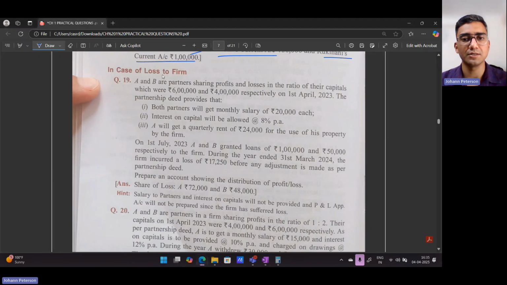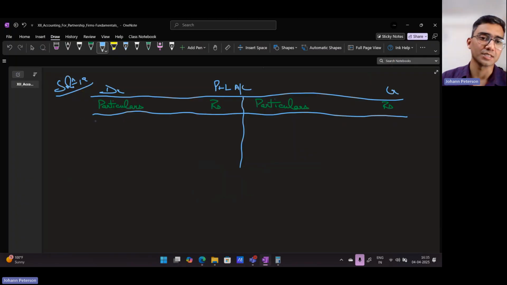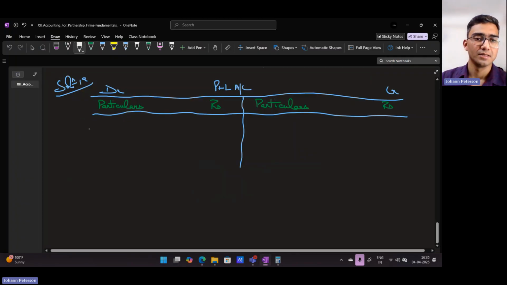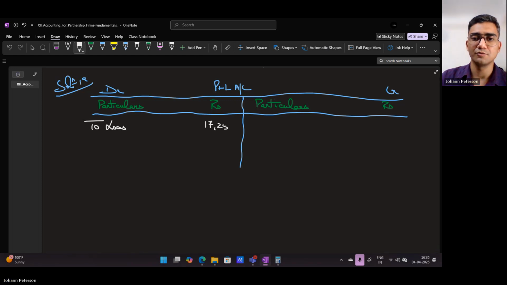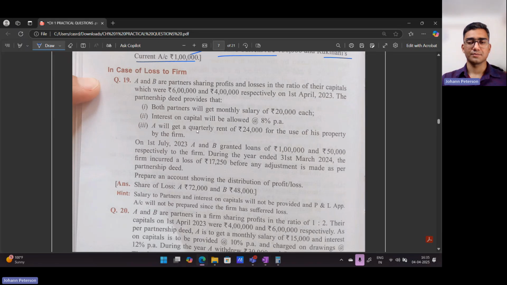We have been told the loss is given to us of 17,250 before any adjustment. So on the debit side, the first item which we write is to loss. Amount is 17,250. What else?